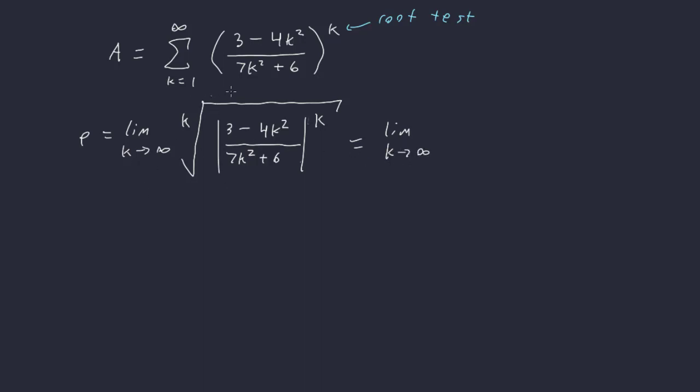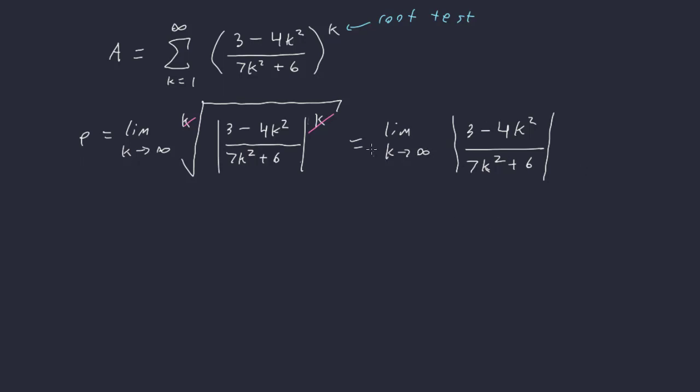Now, here's why this helps so much: this kth root and the k cancel. And then we'll be left with just the limit as k goes to infinity of the absolute value of 3 minus 4k squared all over 7k squared plus 6.